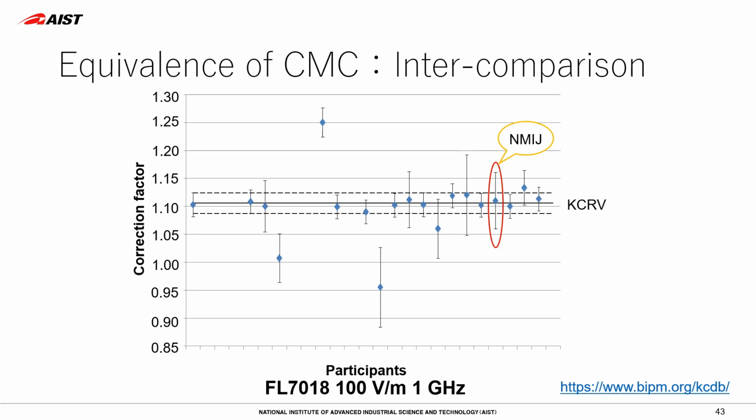Some results are not in the acceptable range compared with the KCRV and its uncertainty. This institute cannot claim their CMC to be listed on the database. Luckily, our result was acceptable. Based on this comparison result and the accreditation report on ISO 17025, we claimed our CMC to be included in the CMC database.